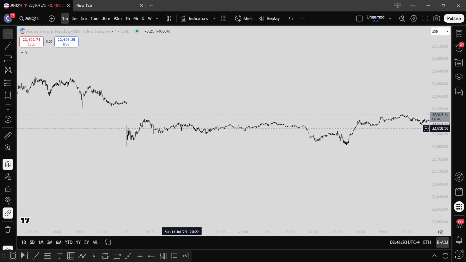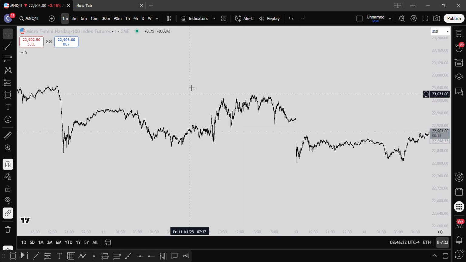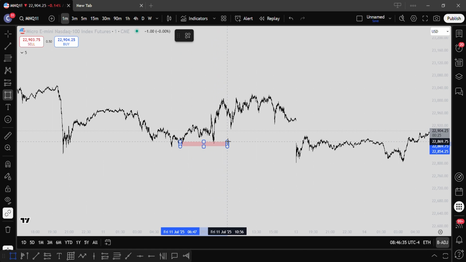For example, let's start with support and resistance. We're not trading support and resistance, but for example, this area is a support area. So I'm gonna call that a PD array, an area in which I find a point of interest in which I would like to take a position of.